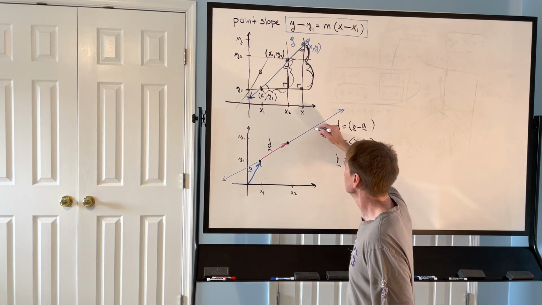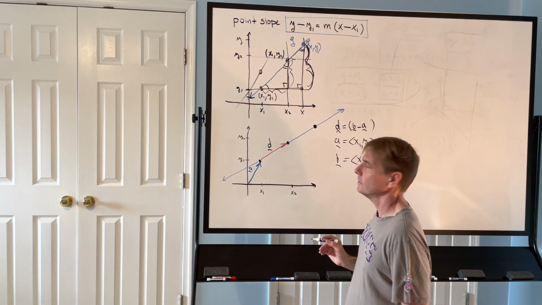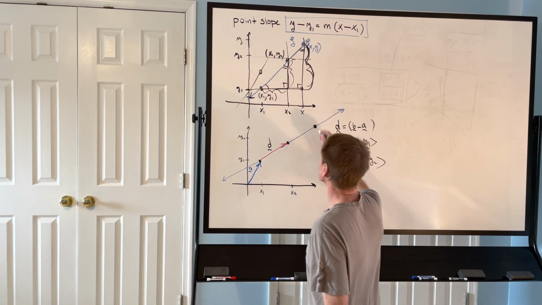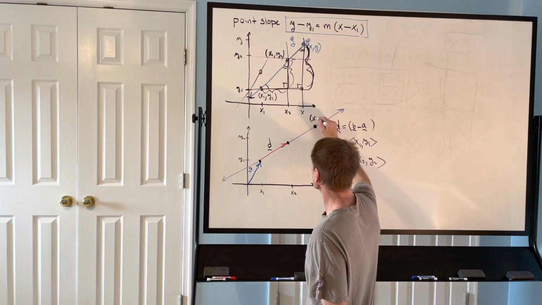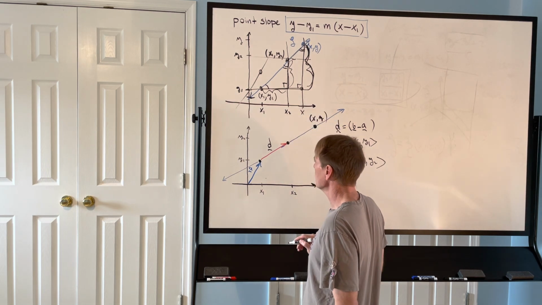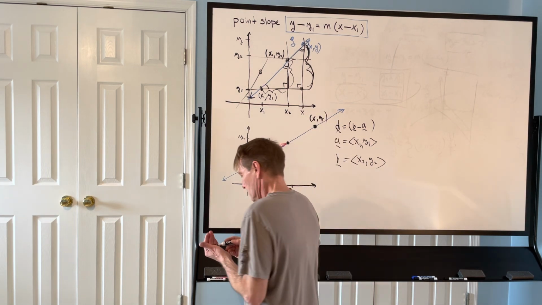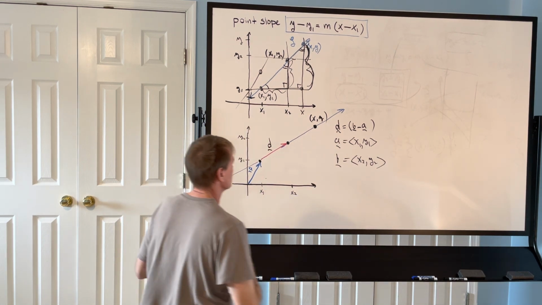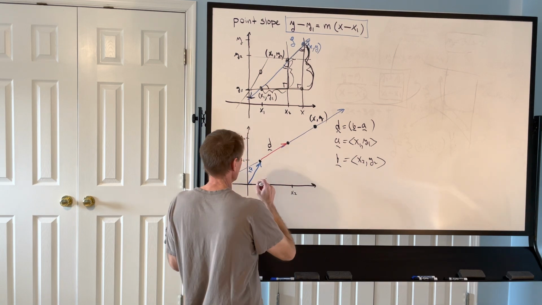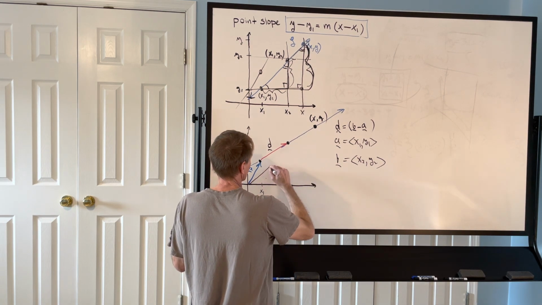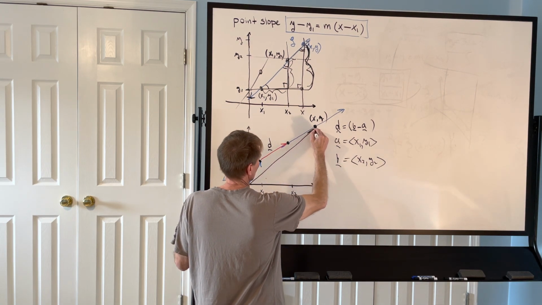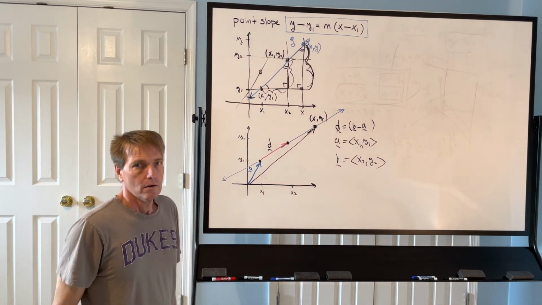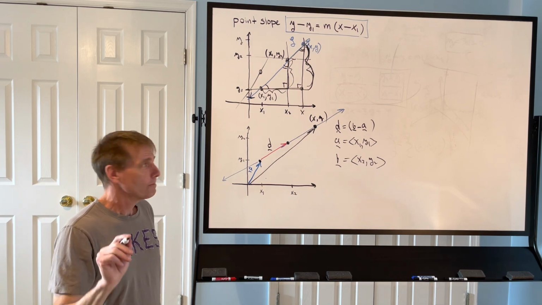Now let's take again any other point on my line. And we're not going to be creative. We're just going to say that's the point XY. Now again, we're working with vectors, and let's think of the position vector that points from the origin to that point. Now here's the thing.